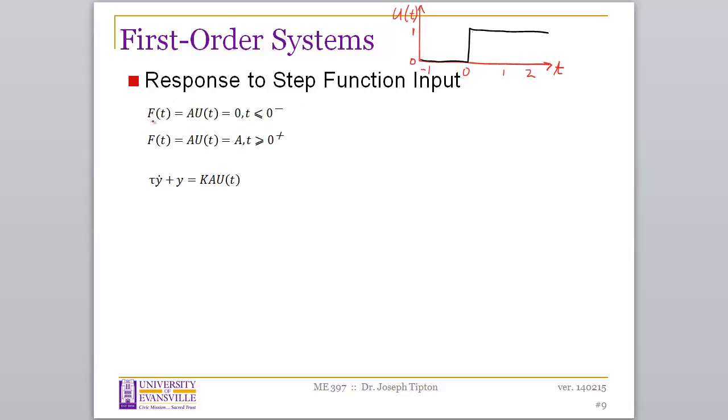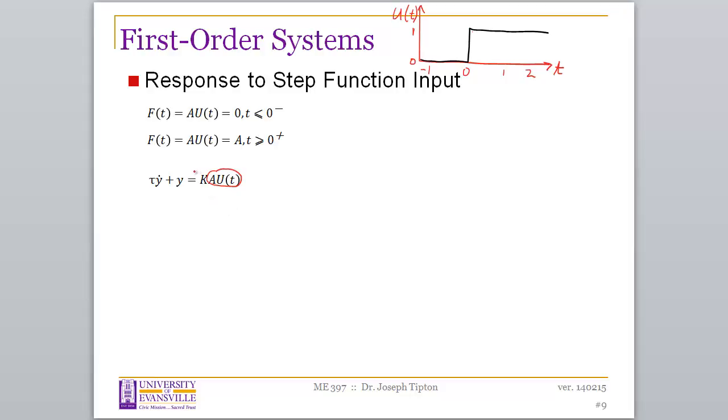Well, it changes my signal input to this step function, and I can multiply it by some sort of amplitude if I want this to be greater than 1. And for times less than 0, I have 0 input, and then for times greater than 0, I have step input. And that now replaces my function input to my first-order differential equation.